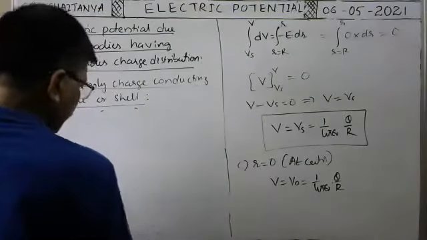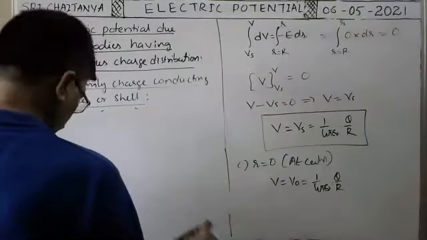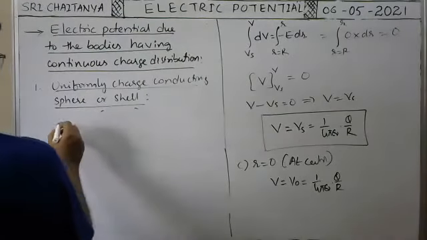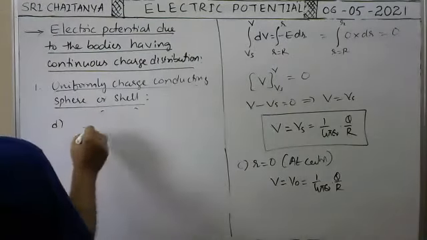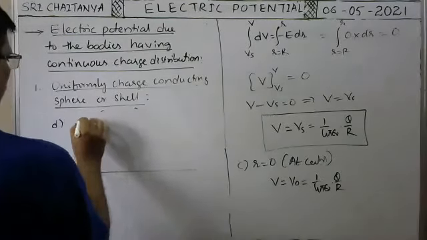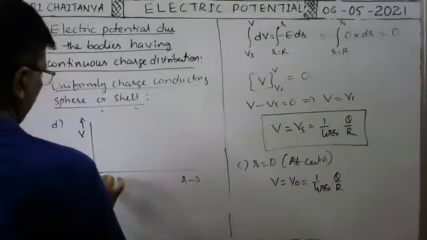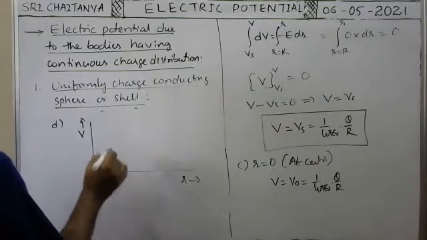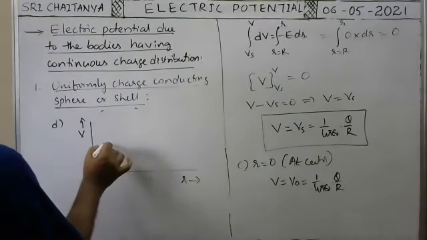So for this, if you draw the graph, what is the type of graph you will get? You take V along the y-axis and small r along the x-axis. From the center of the sphere, small r equal to 0.